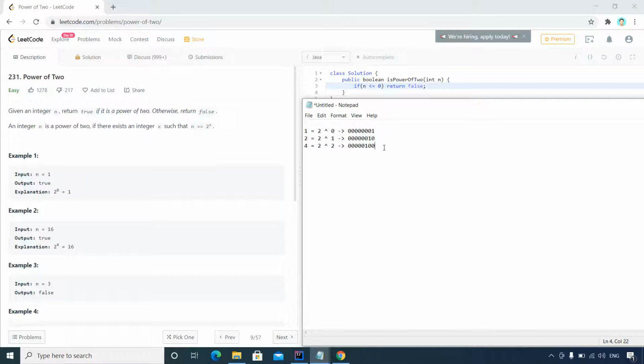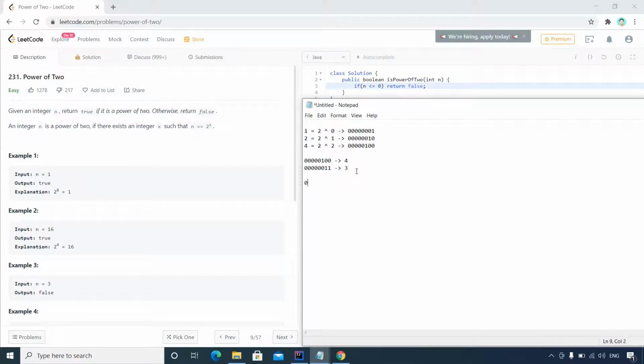If we subtract 1, for example, from this number, which equals 4, it will be like this: 0 1 1. It equals 3. You see that this 1 became 0, and all these 0s became 1.